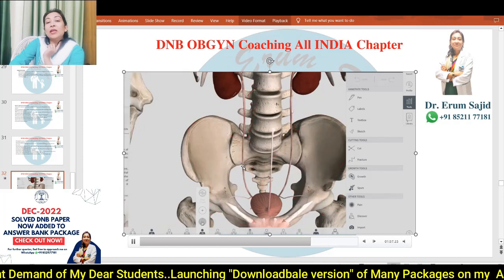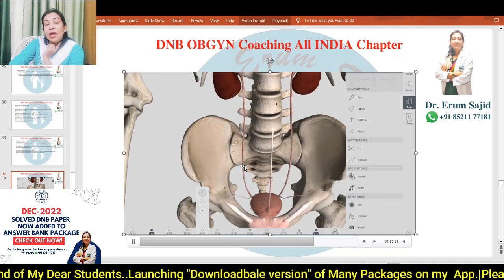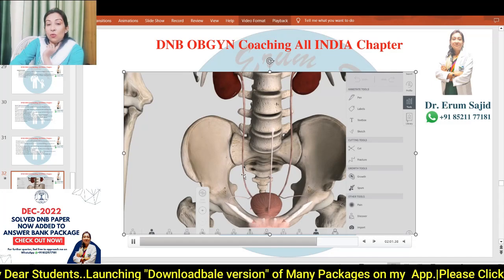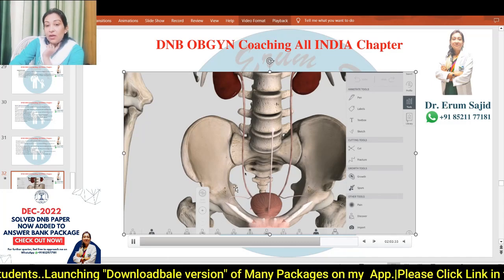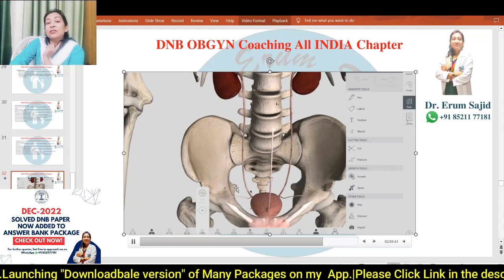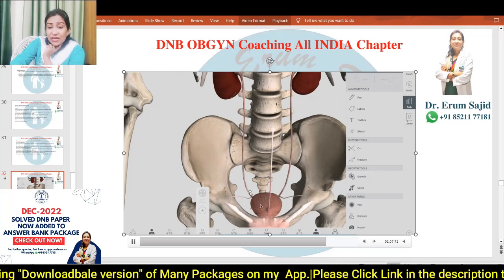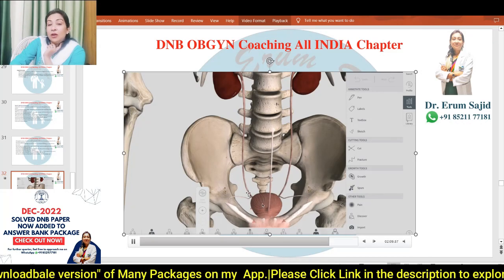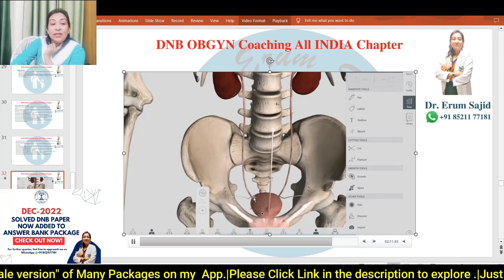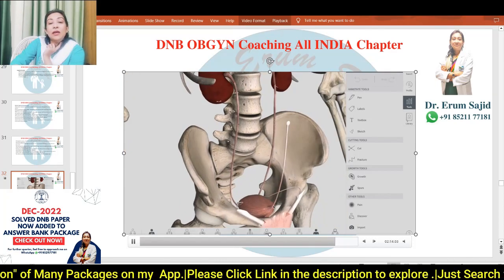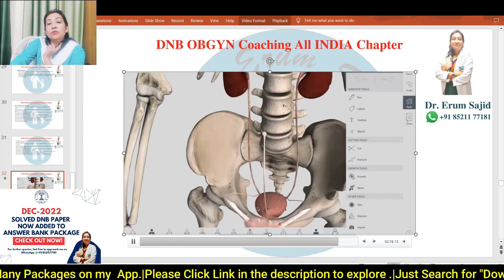Now everything will be removed for you to understand better, and then it traverses down and down until it reaches the ischial spine, and then suddenly it turns forwards and medially. This is the 3D look. Have a look at that.